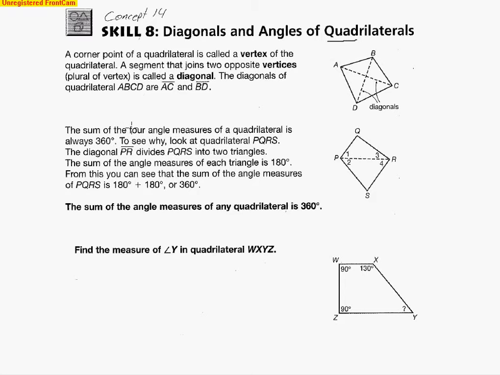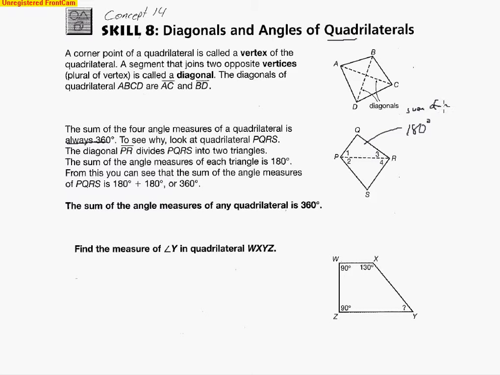The sum of the four angles of a quadrilateral is always 360 degrees, and we're going to see why that is. If we look at just this diagonal from P to R, we've got a triangle, triangle QPR. We've got this angle 1, this angle 3, and this other angle Q. They all add up to make 180 degrees.